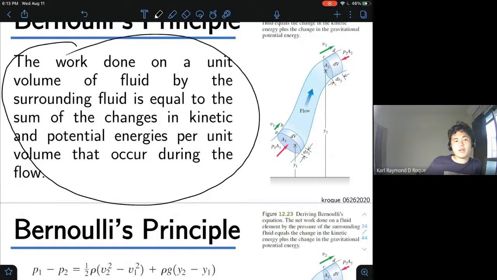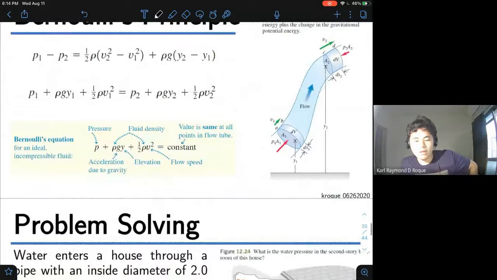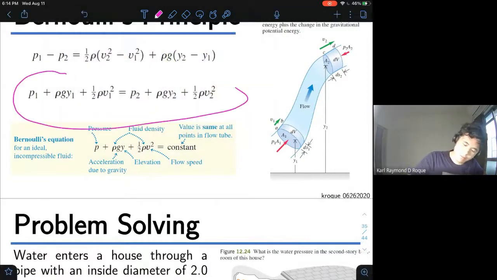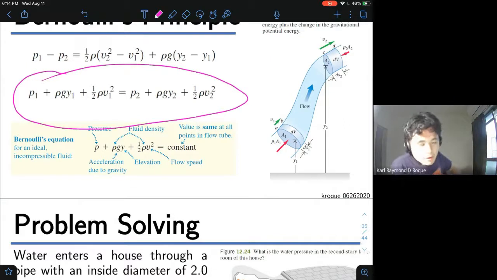The work done on a unit volume of fluid by the surrounding fluid is equal to the sum of the changes in kinetic and potential energies per unit volume that occur during the flow. Remember this. It is like conservation of energy.